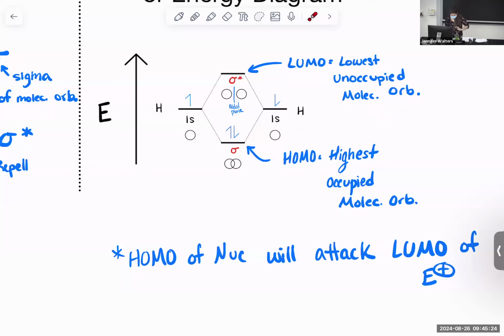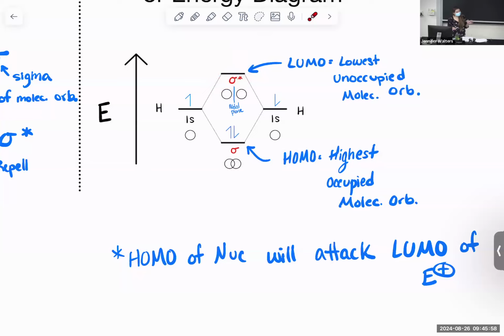I want my sigma star to be empty. I want it to be empty because I want this hydrogen-hydrogen bond to exist, right? Hydrogen can make a bond to itself. It's a diatomic molecule. It exists as H2. So it makes sense that it would have 2 electrons in its sigma orbital and 0 in its sigma star because it exists. As soon as I put an electron into my sigma star, that is how I break the bond. So if I want to break the bond, then I put an electron in.